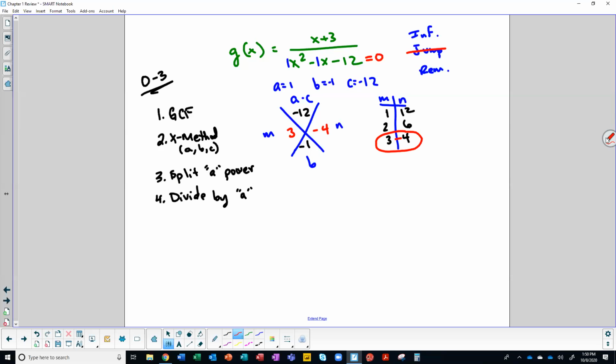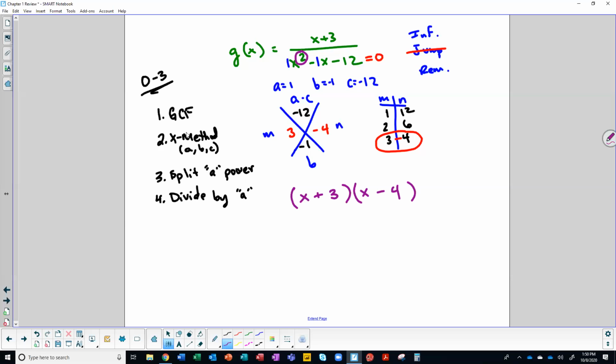Step 3, split the A power. Here's what that means. You go back up to the problem and you split the A power. This is the A, you split its power. So instead of it being x squared, it's going to become x to the 1st power. And then you put the side values from our X into the parentheses, x plus 3 and x minus 4.